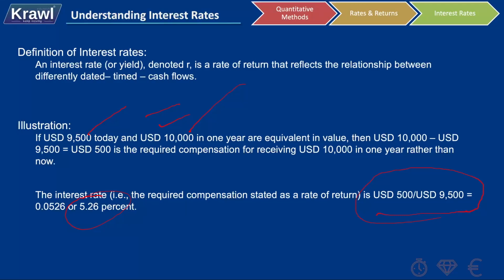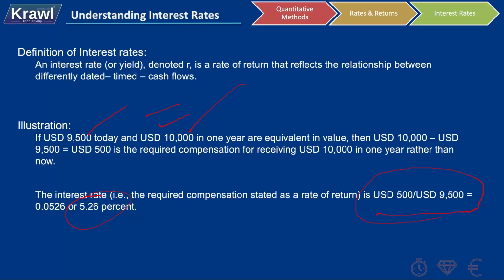This is something which most of you would have studied in the past. There is nothing new in this. We all know that when we speak of rate of interest, it's a return on some specific base value, and the base value in this case is 9,500 US dollars, on which we are getting an interest of 500 over a period of 1 year.